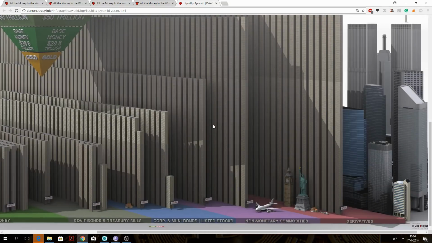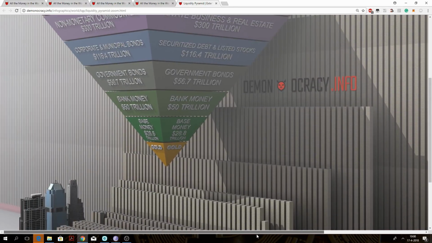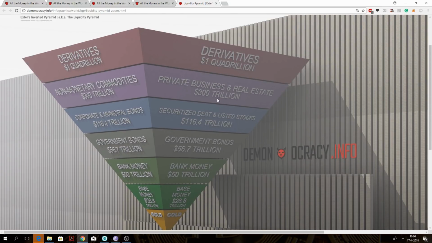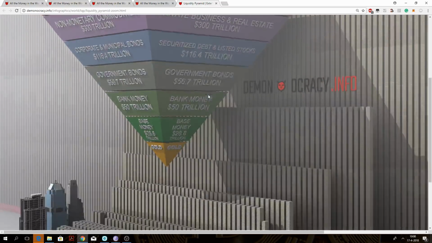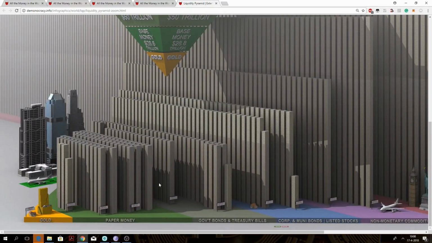Basically, these buildings should give you an idea: the Statue of Liberty, the Big Ben, the Twin Towers here, and this is how much money there is currently in the world. And keep in mind, most of this money has been printed in the last 30 years.